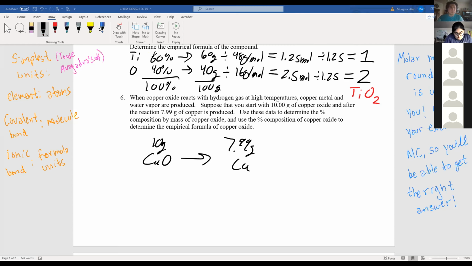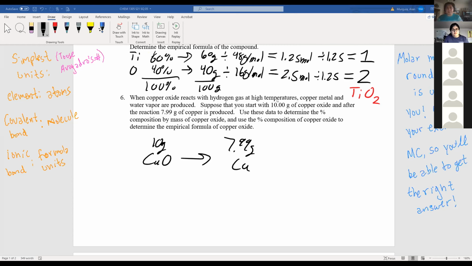Any ideas? Wouldn't you divide the mass of copper by the mass of copper oxide and then multiply it by 100 to get the percent of copper? Exactly, you would do that, yes, exactly.